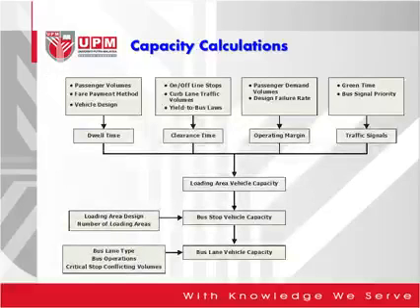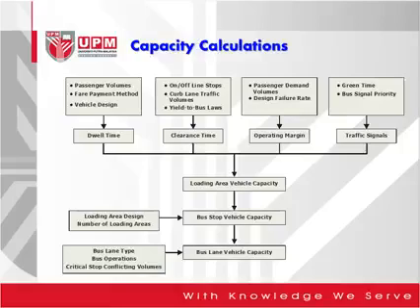This slide explains the factors that affect the bus loading area capacity, bus stop capacity, and also the bus lane capacity. For bus loading area capacity, in general there are 4 factors: dwell time, clearance time, operating margin, and the traffic signals. So you can see for dwell time, there are 3 sub-factors.